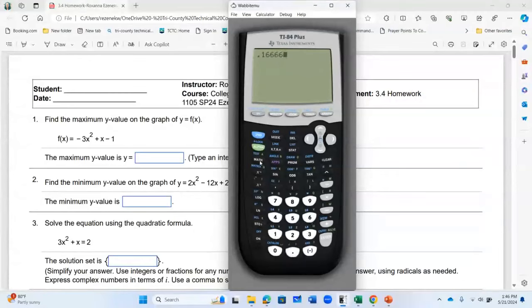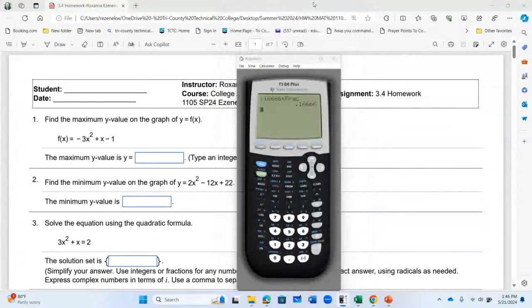Then I go to math and change to fraction. It didn't change, though, but it should be able to change it to a fraction if you're told to do that.